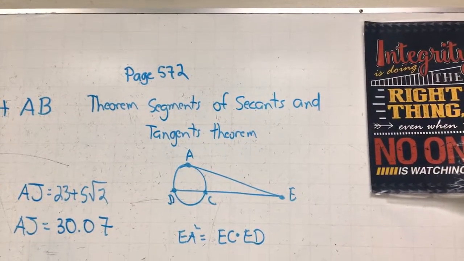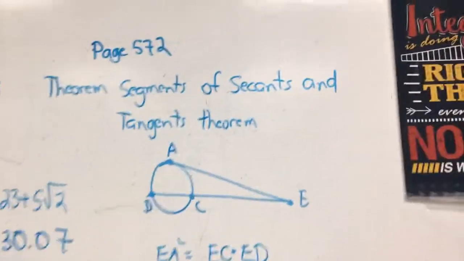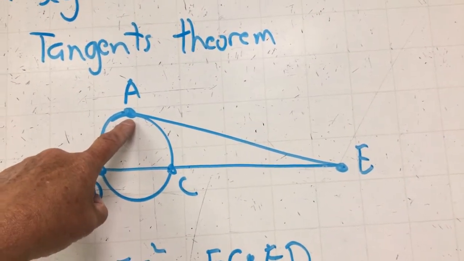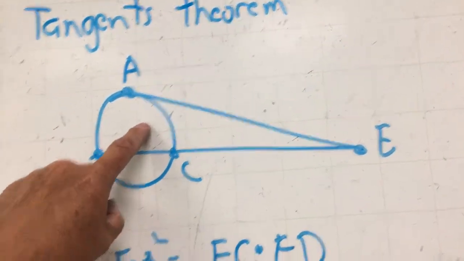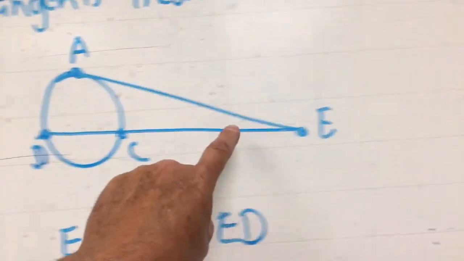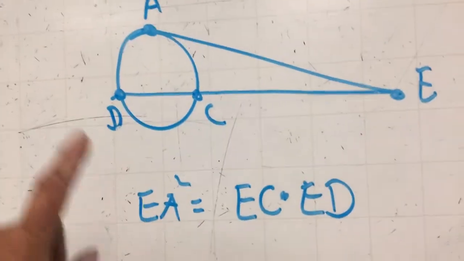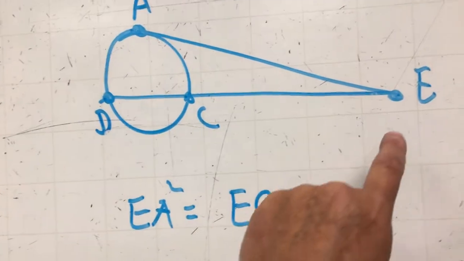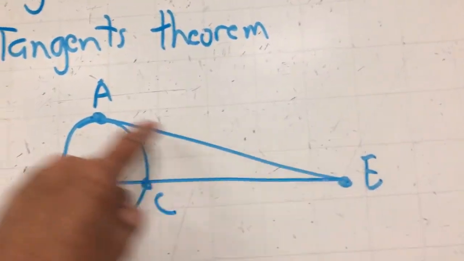Okay? Now, this is the key to cracking this nut right here on page 572. You have a theorem: segments of secants and tangents. It says that this tangent hits a circle at one point. If you take this length and you square it, it is equal to the product of the whole secant times the outside piece. So in this diagram, ED times EC is equal to this tangent squared.